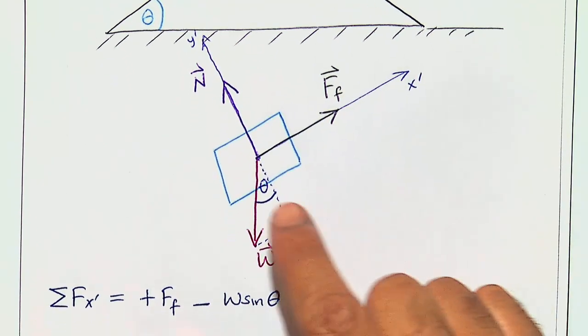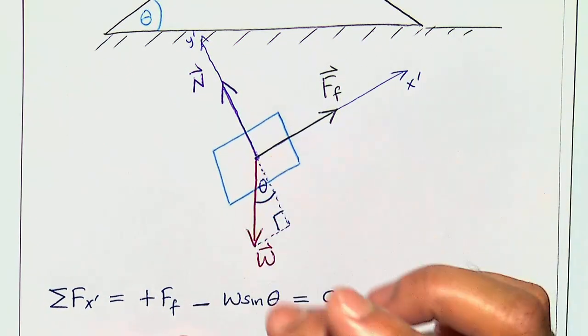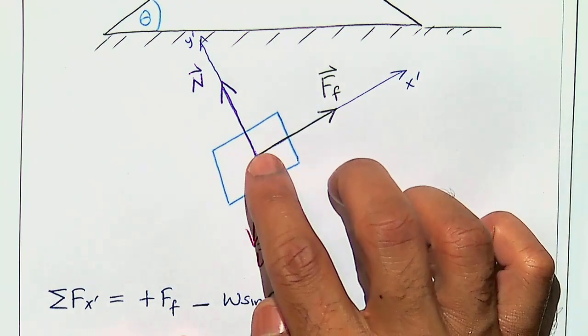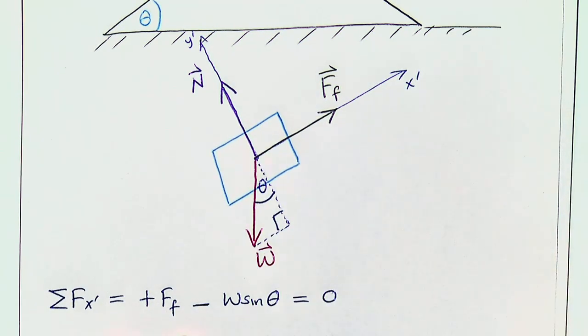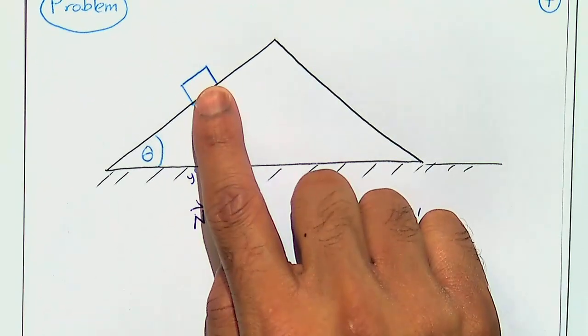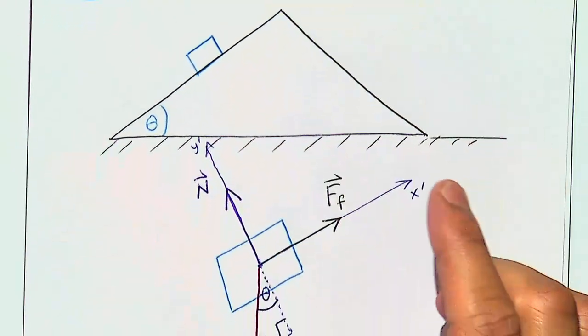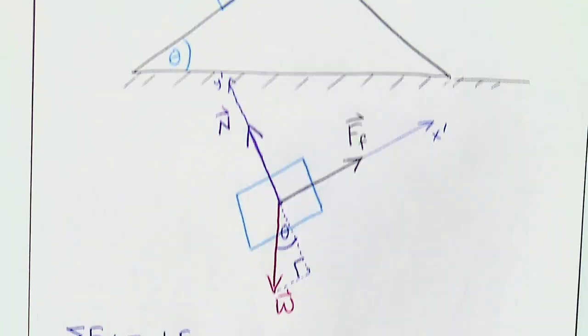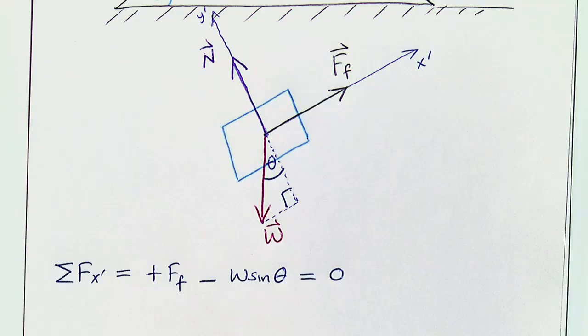You can put in the weight right away, fairly easy to do. Start from the center and go towards the center of the Earth. Don't get confused by the fact that it's at an angle. The weight always goes to the center of the Earth. So find where the center of the Earth is, point that way, that's the direction of the weight.